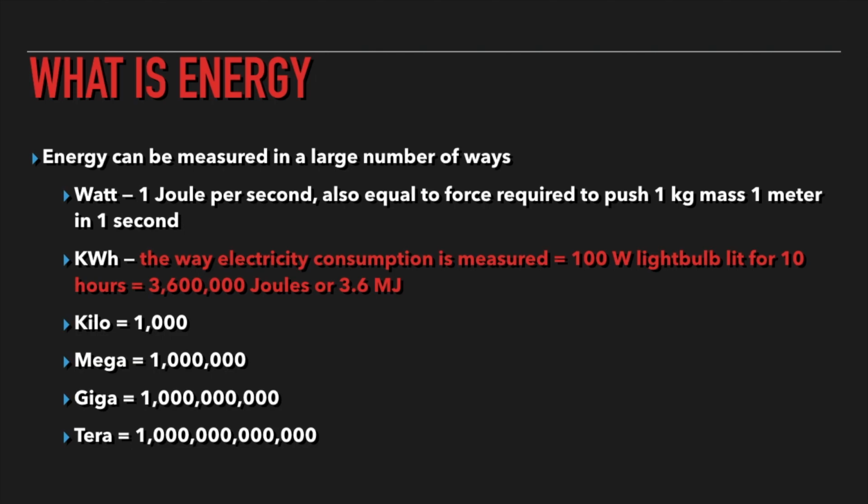So joules are pretty small units of energy. Keep in mind with these units, when we say kilo, that means you have 1,000 of something. Mega means a million. So you can see there we changed 3,600,000 joules to 3.6 megajoules. Makes it a little easier to read. Giga means a billion, and tera means a trillion.